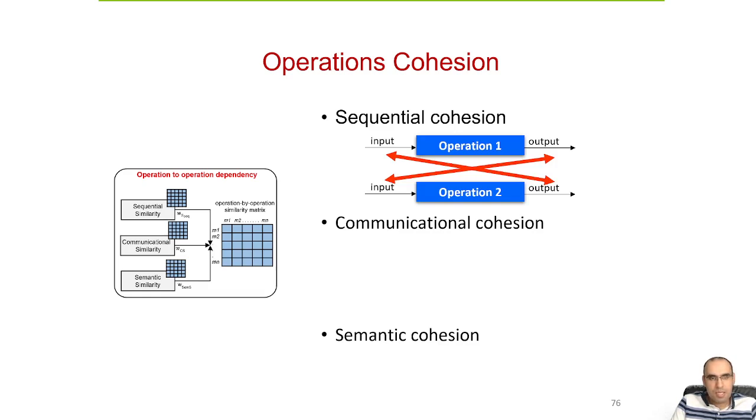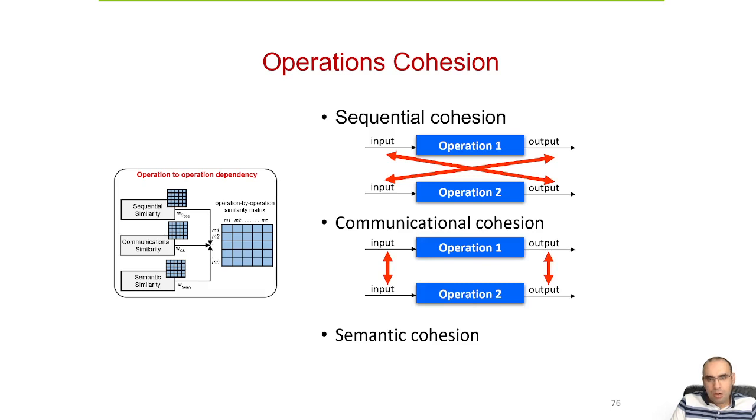So here we can see in the figure that the output and input are used in a sequential way. As for the communicational cohesion, we assume that two interface operations have communicational cohesion if it includes pairs of operations that operate on the same input or output data.